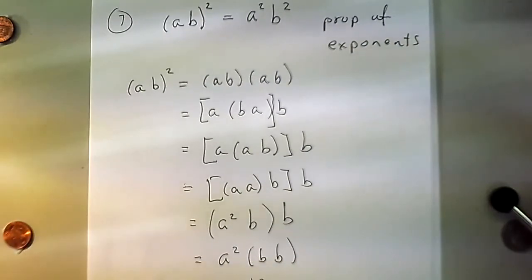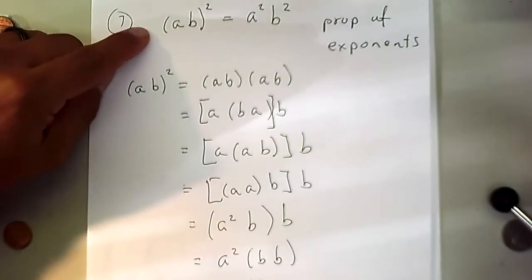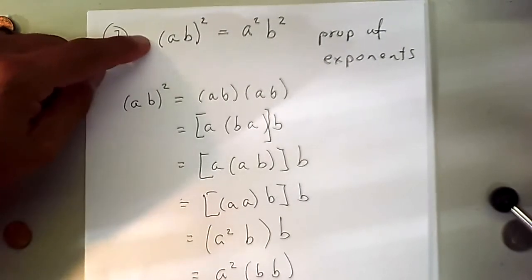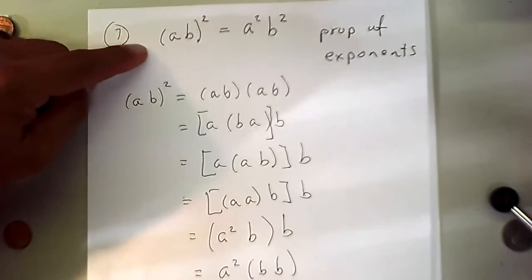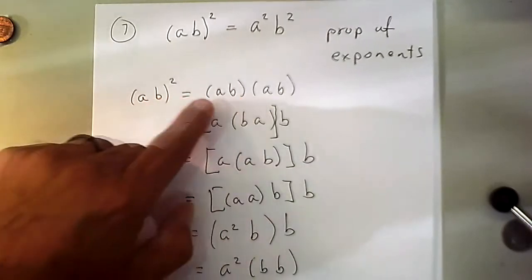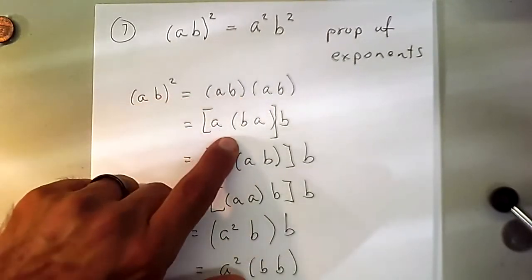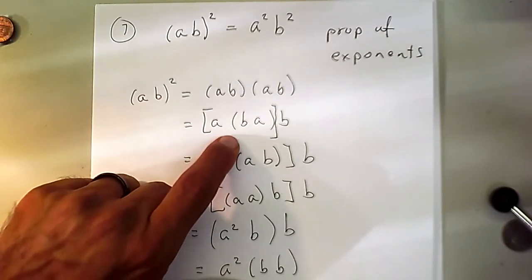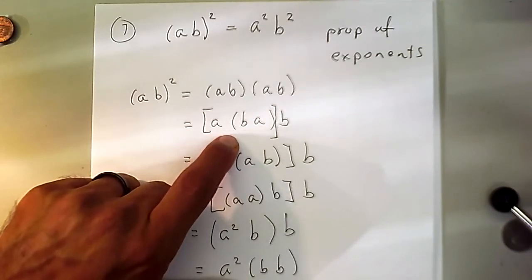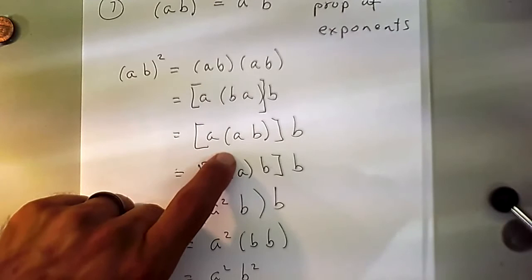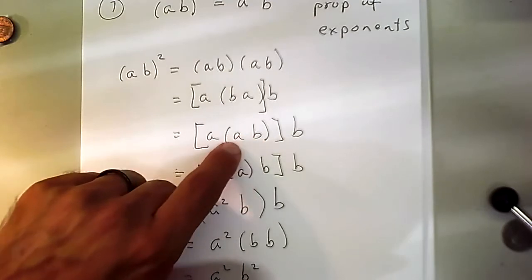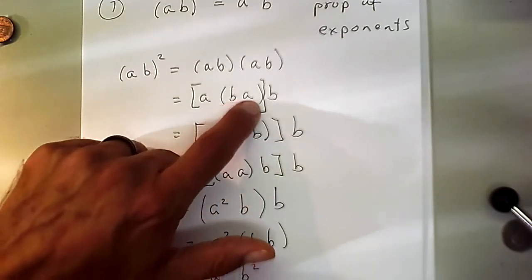So later on, when we go over this property of exponents in a different video, I'm just going to say, well, this is what's going on. But behind the scenes, there's a lot of stuff going on. This is the definition of the exponent. We have to reassociate, so we're using an extended rule of the associative property of multiplication. Then we use the commutative property of multiplication to switch those two around.